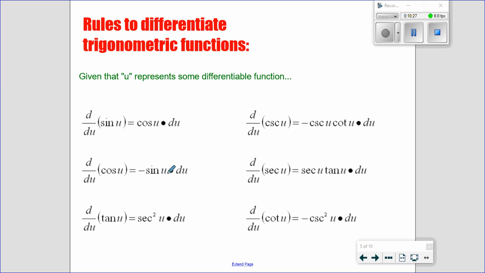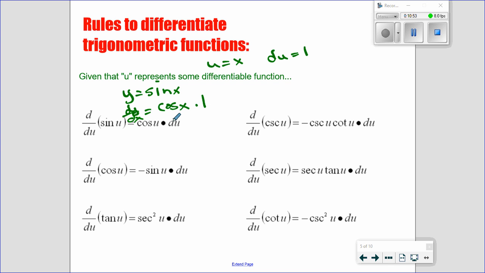That just means that anytime you have a sine function, like y equals sine x, its derivative, which we can call dy over dx, will equal cosine. In this case, my u value is x, and the derivative of x with respect to x would just be 1. So it's cosine x times 1.